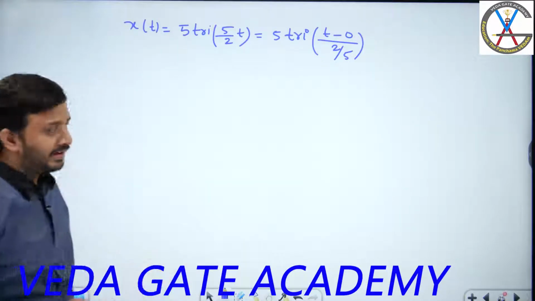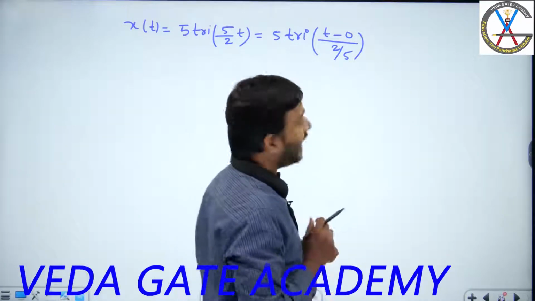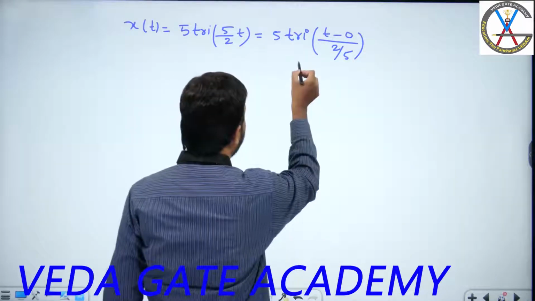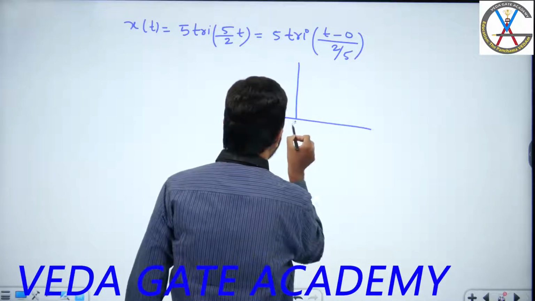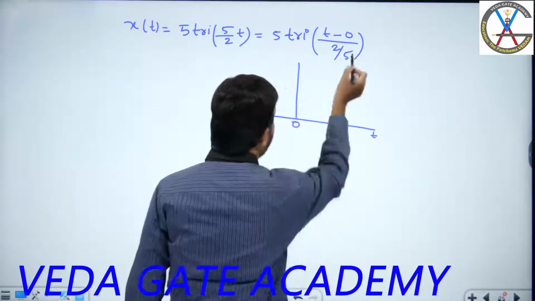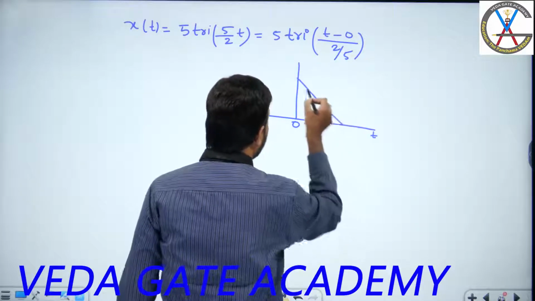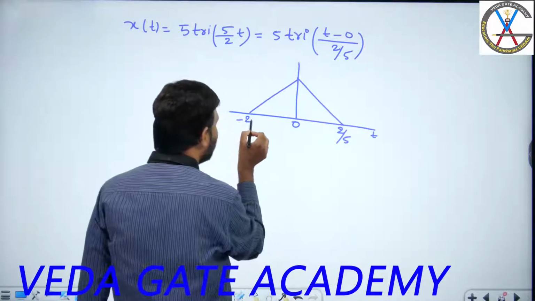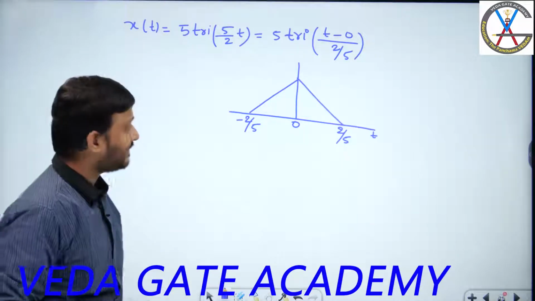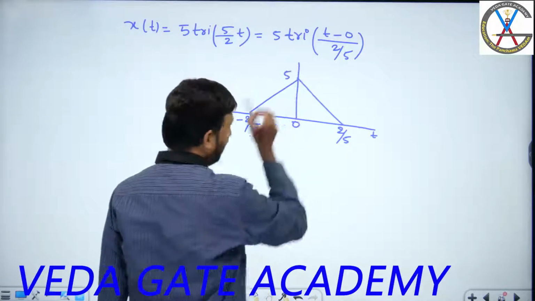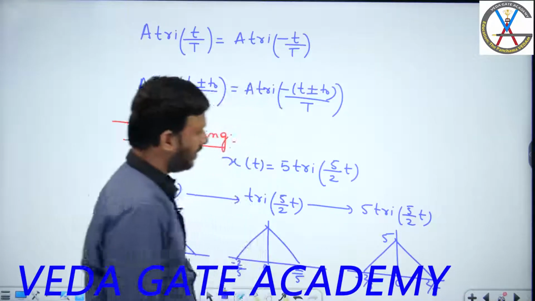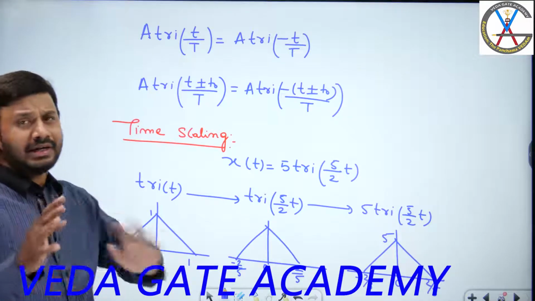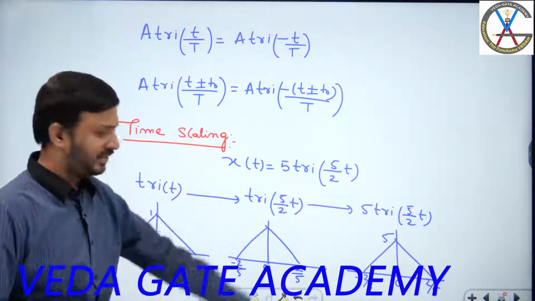Now this is in the form of a standard triangular pulse centered at 0, like this. Here, this 2 by 5 represents the half pulse width. As this is even, it will be symmetrical along the vertical axis. Let's verify whether we got the same answer or not. Yes, we got the same answer. So one problem can be done in multiple ways. That is the beauty of our subject.